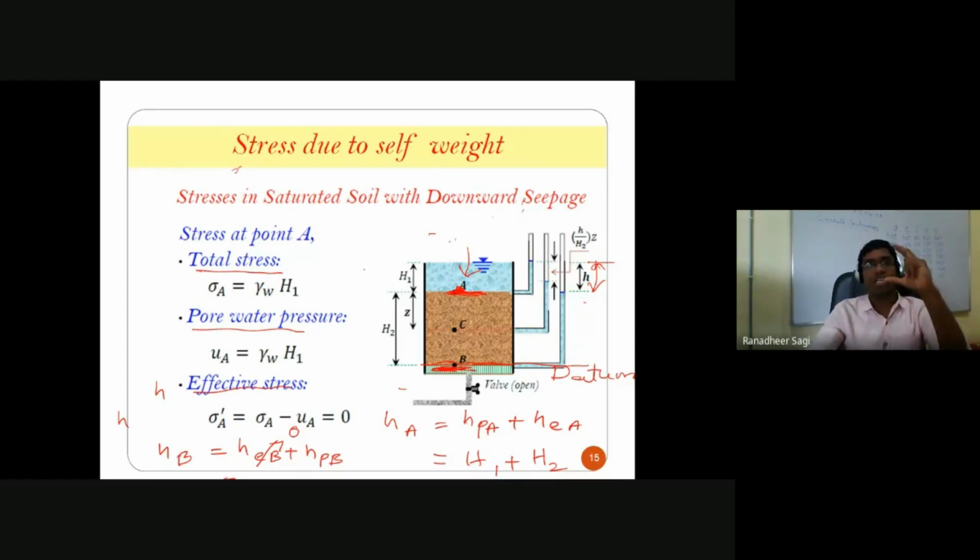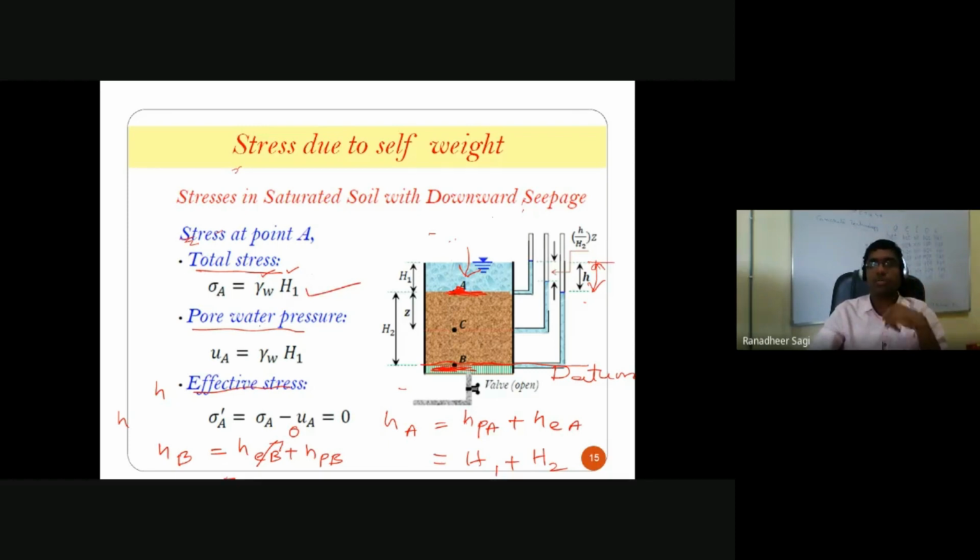Unit weight of water is gamma W, and the height of water existing above point A is H1. So the total stress at point A is gamma W into H1.